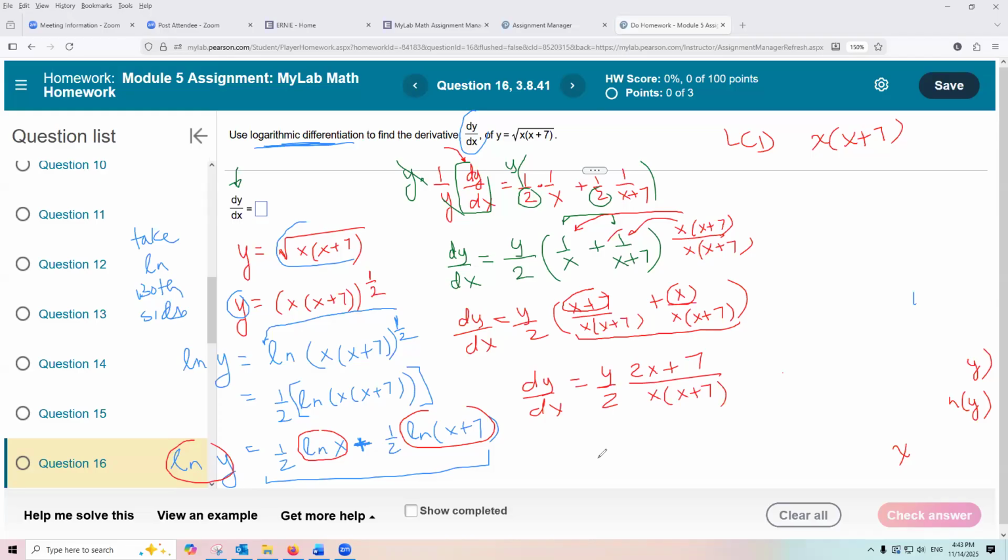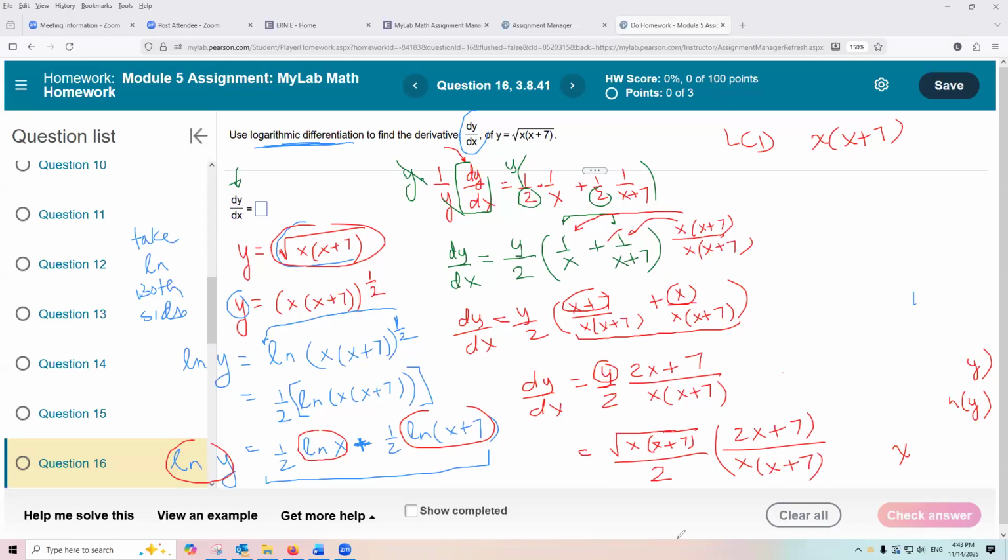All right, but I can replace the y with the square root of x plus 7. So I'm going to do that. So it's the square root of x plus 7 times (2x plus 7) over 2x times (x plus 7).